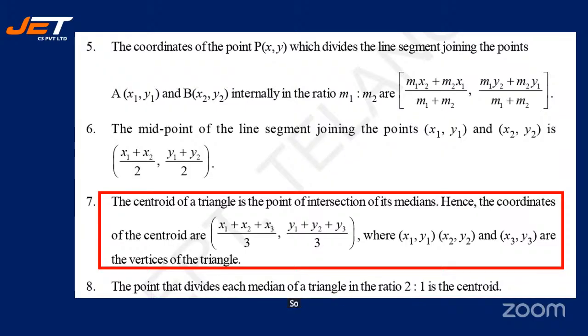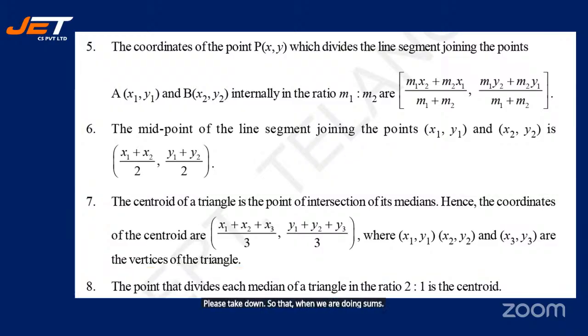So supposing in a triangle, you have 3 points, where you have 3 vertices, x1, y1, x2, y2, x3, y3. Next, the point that divides each median of a triangle in the ratio 2:1 is the centroid. So if you don't know any of these formulas, please take down so that when we are doing sums, this will be very helpful to you.